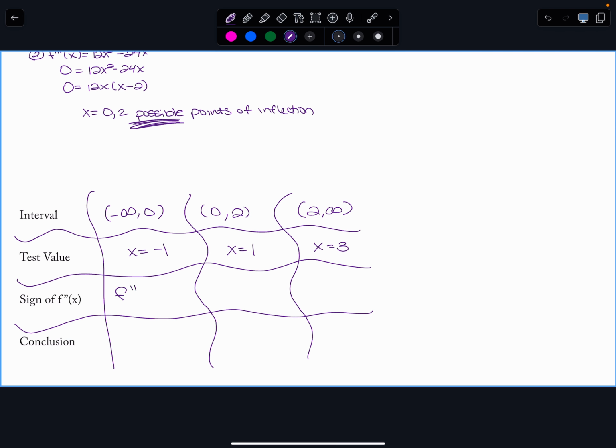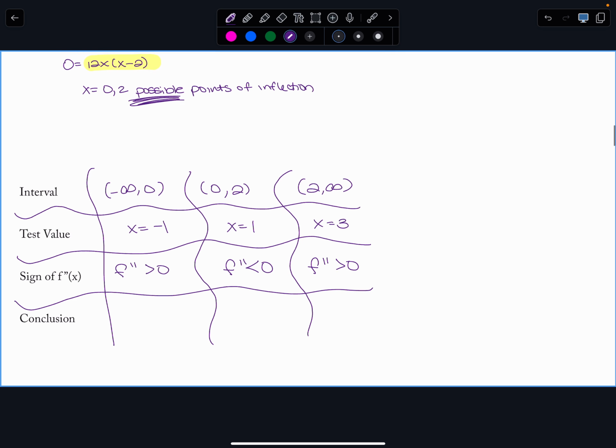So for f double prime, I'm plugging it into, again, my factored version. I get a negative 12 and a negative x minus 2. So that would give me f double prime bigger than 0. My 1 would give me a positive 12 and a negative x minus 2. So that would have been f double prime less than 0. And then 3 makes everybody bigger than 0.